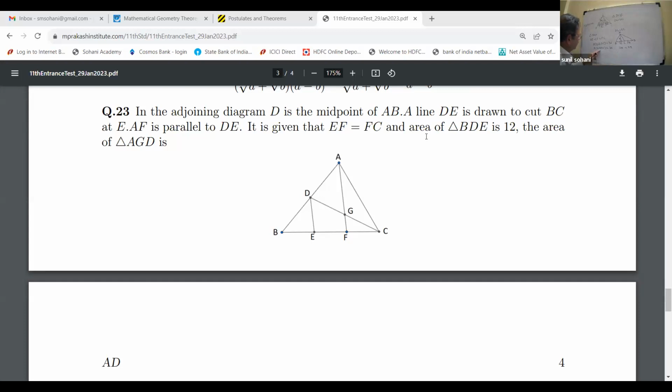Now I come to ADC. Since ADC is 36, and you can see DGA and GCA as per this rule will stand out to be equal areas like this. That means AGD will be exactly half of 36.